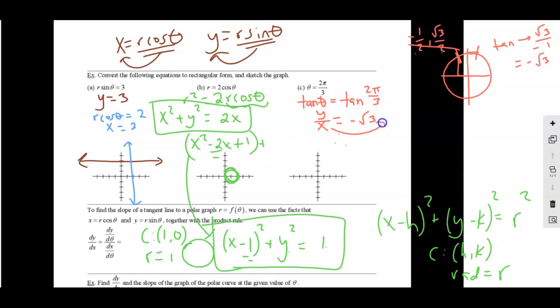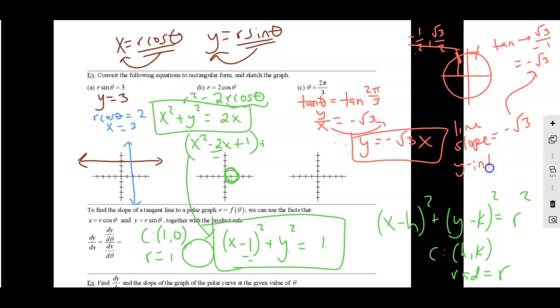And so if I wanted to, I could get it into y equals negative root 3 x. That's the equation of a line, right? It's got a slope equal to negative root 3, and that slope is just whatever that tangent value was. It's got a y-intercept of 0, since it's not shifted. So it's going to look something more or less like this.